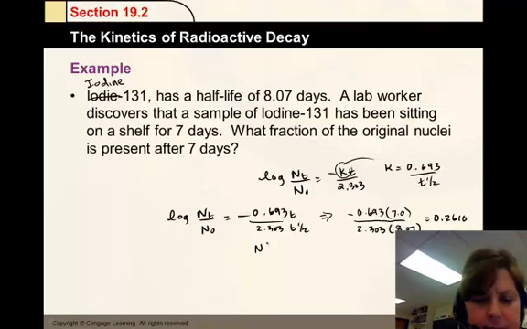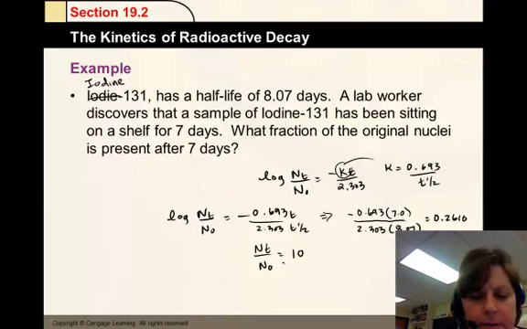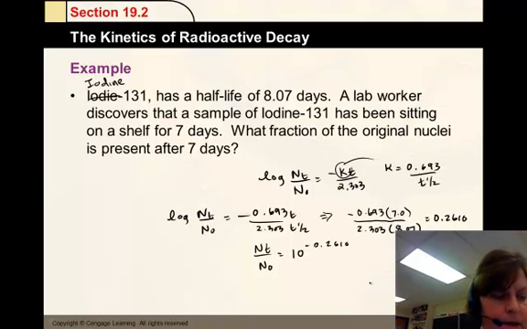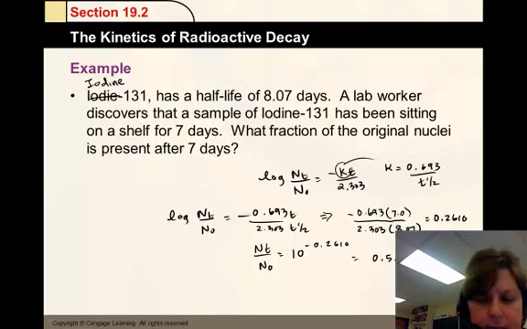So Nt over N naught equals 10 to the negative 0.2610, taking the antilog of both sides. When we work it out, we get 0.548, which in percentages is about 55% of the sample.